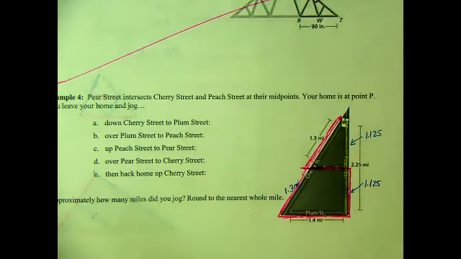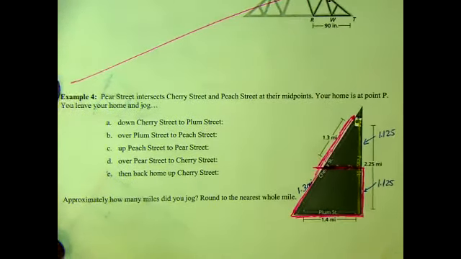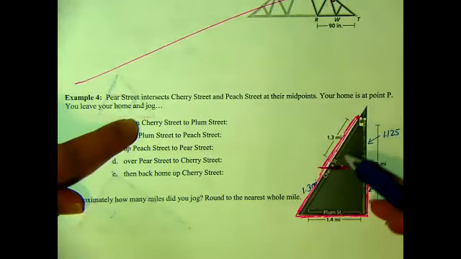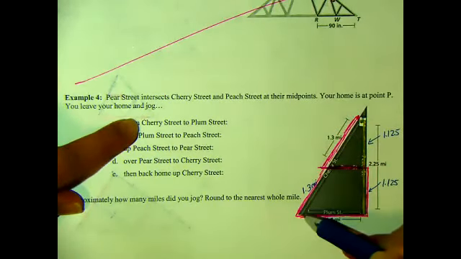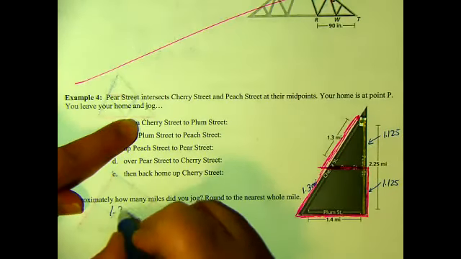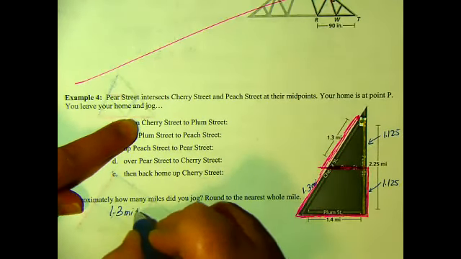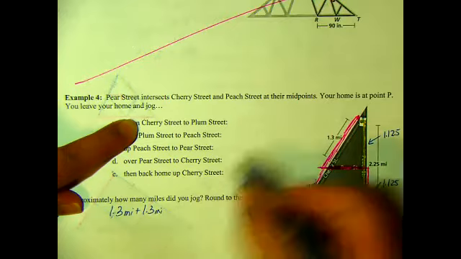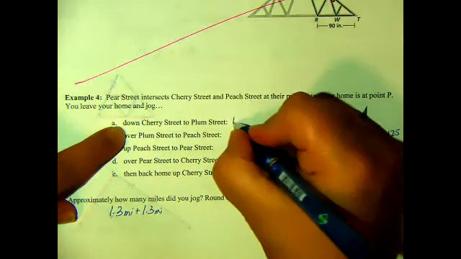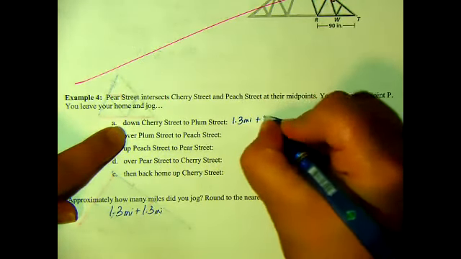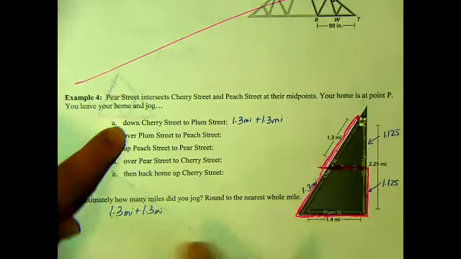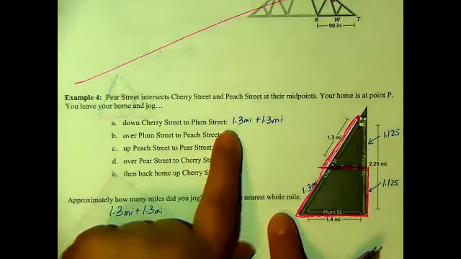Okay, so we gotta get all this mileage in, right? So all the way down Cherry Street means we went 1.3 miles and then another 1.3 miles. So we have 1.3 plus 1.3. That's all the way down Cherry Street.